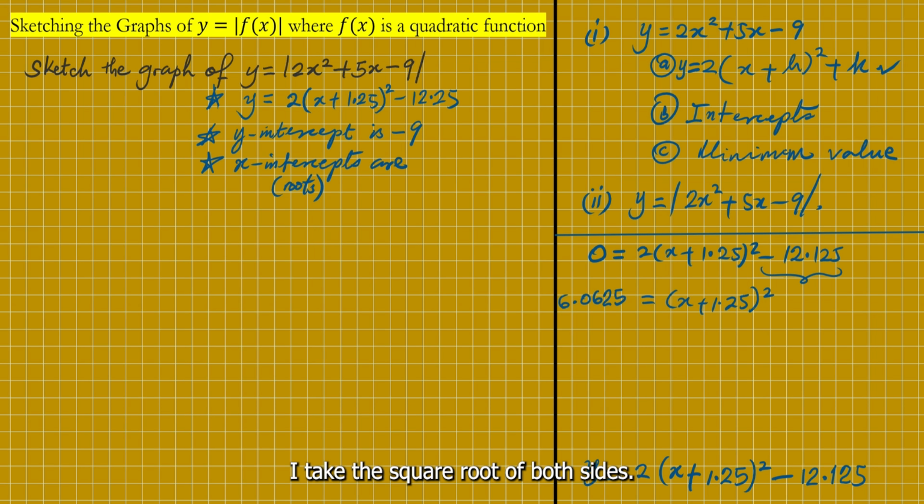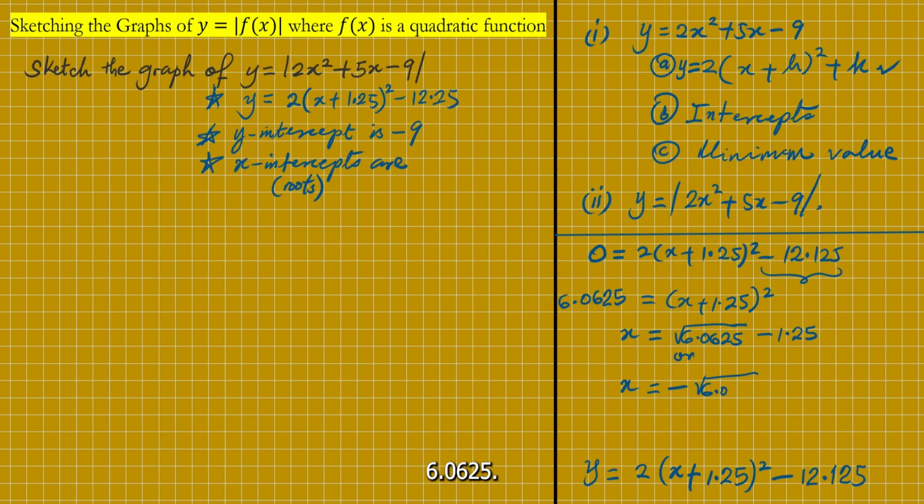I take square root of both sides. If I do that, I will have x to be equal to root of 6.0625, okay, minus 1.25, or x will be equal to minus root of 6.0625 minus 1.25.